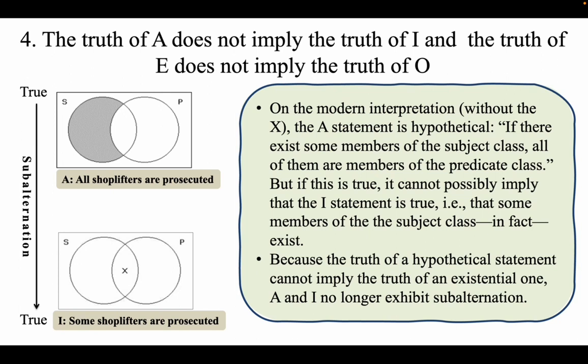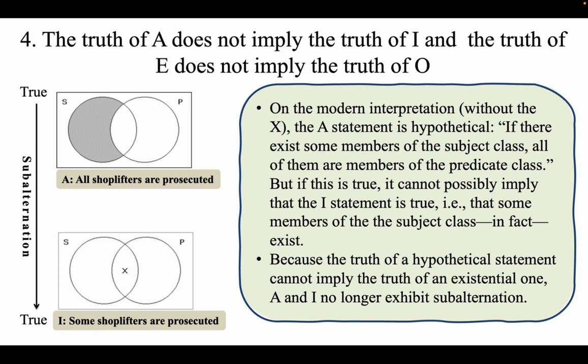On the modern interpretation, remember, without the X, the A statement is just a hypothetical statement. So it says that if there exist some members of the subject class, all of them are members of the predicate class. But if this is true, then it cannot possibly imply that the I statement is true, namely, that some members of the subject class in fact exist.